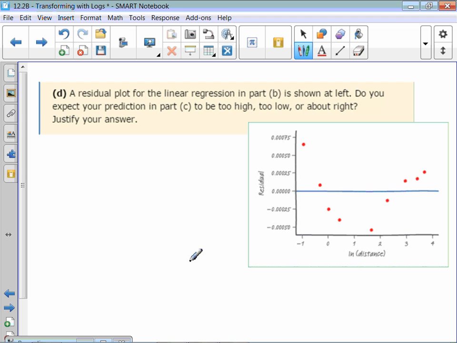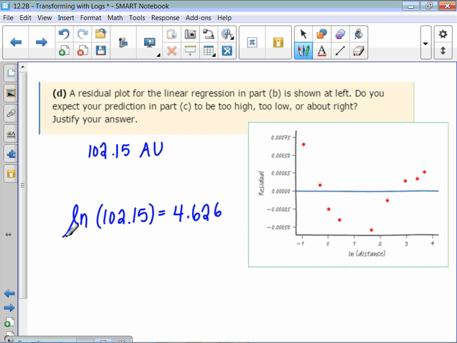Last thing. So we have a residual plot for the linear regression in part B, shown right here. Do you expect your prediction in part C to be too high, too low, or about right? So in part C, we plugged in 102.15 AUs, which was the distance the planet is away. So I'm going to take the ln of 102.15, and we get 4.626.